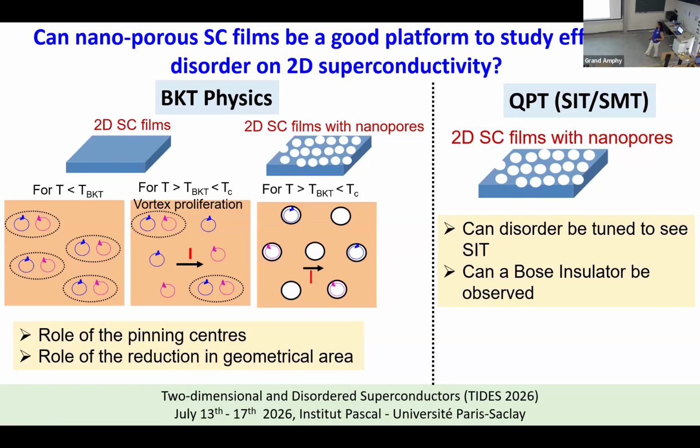And if that decreases, then it should have a bearing on the BKT physics. And this is what was the main motive of being able to do this problem. And of course, when you can do this, you can also be able to tune disorder to get the SIT. And of course, the question which we wanted to ask is whether we see this Bose insulator phase in these kind of disordered nanoporous films.